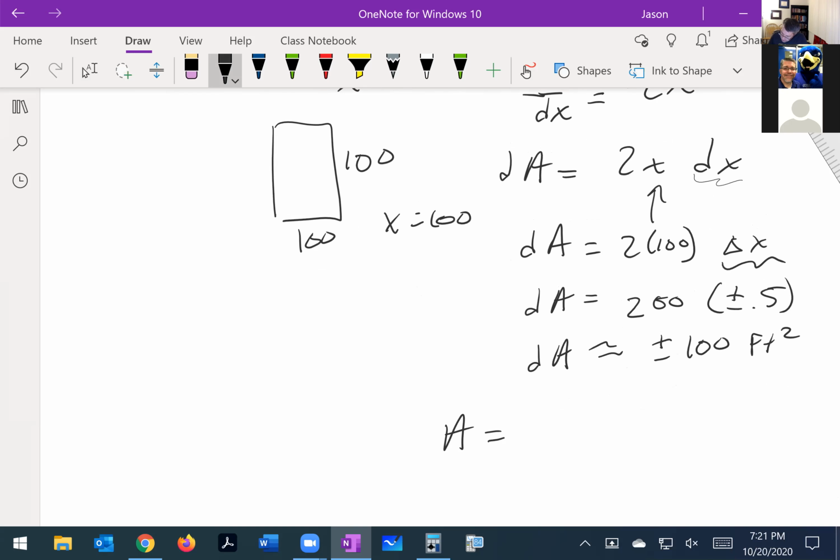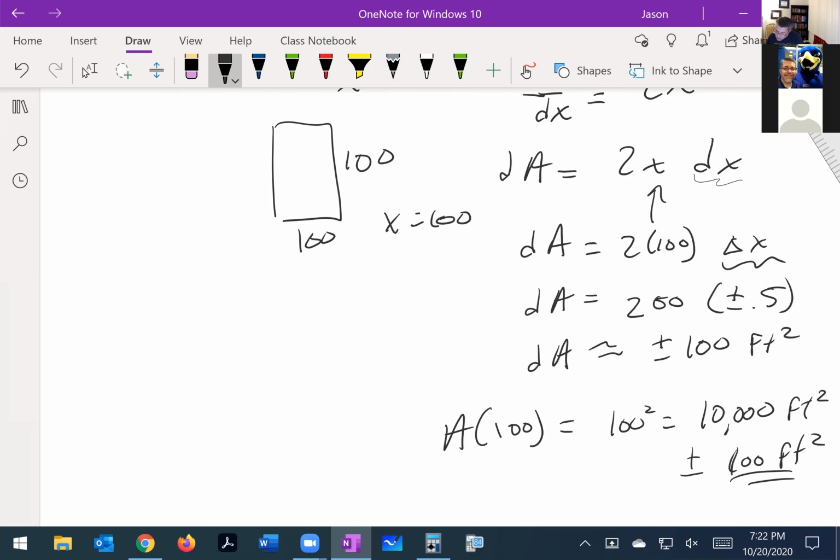What's the area when x is 100? What's A of 100? Isn't that 100 squared, which is basically 10,000? So we're saying that this is already 10,000 square feet plus or minus 100 square feet. That's how much the area is changing.